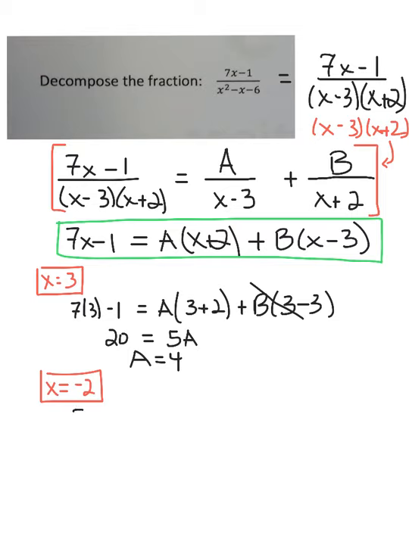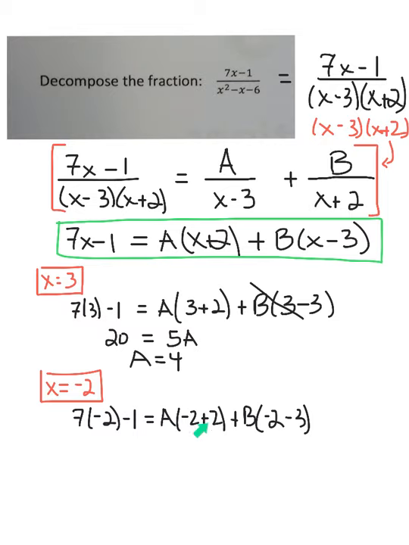So I'm going to do 7 times negative 2 minus 1 equals a times negative 2 plus 2, plus b times negative 2 minus 3. Okay, and hopefully you see that this is going to cancel out.